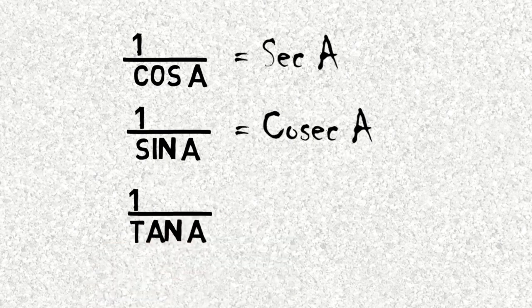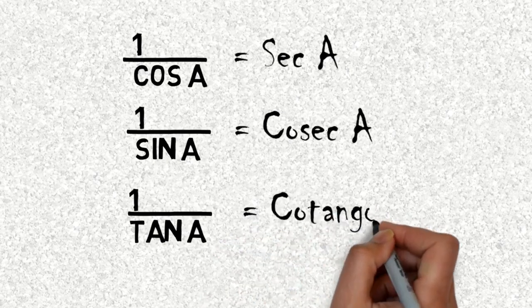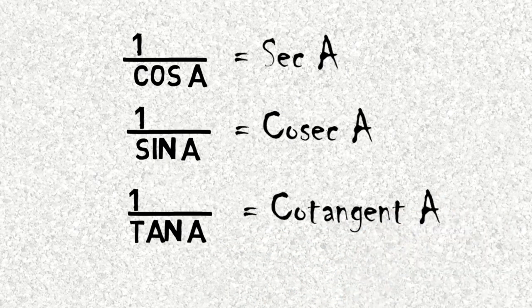Now to calculate with these, you convert the cot, cosec and sec back into sine, cos and tangent by doing 1 by whatever value it represents.